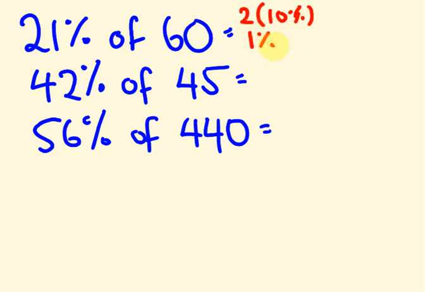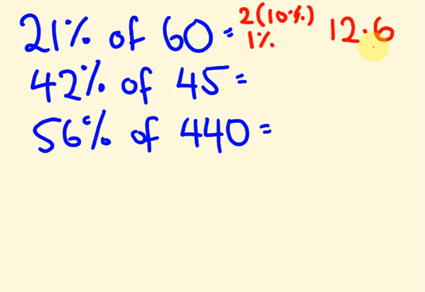So 2 10% is going to be, we move the decimal place back 1, so 6, so 2 of those is going to be 12. So 12, keep that in your head, and then we're going to have the decimal place going back twice to get this 1%, so 1, 2, it's going to be 0.6, so 12 plus 0.6 is 12.6. If you got that, you got the right answer.